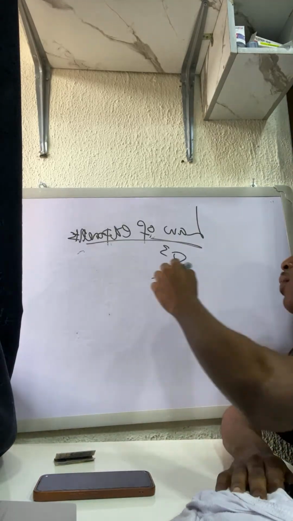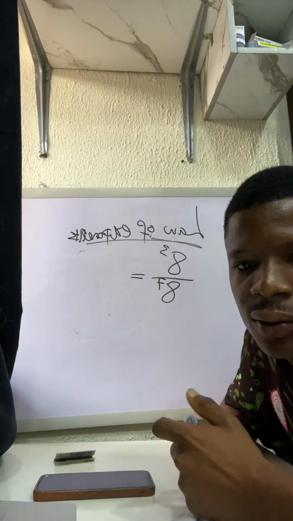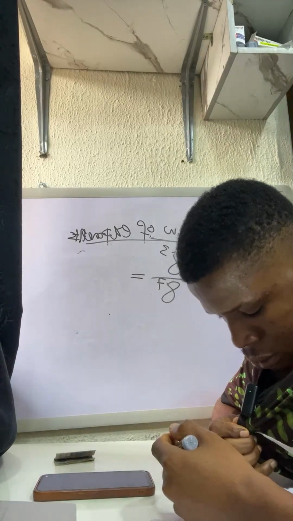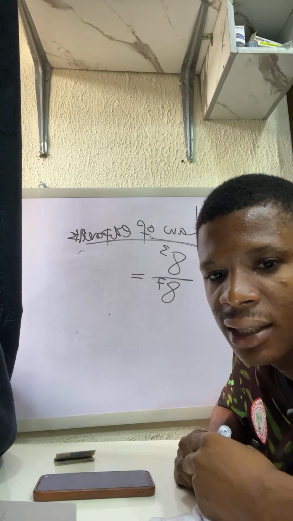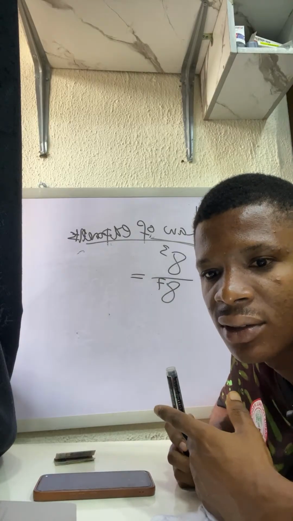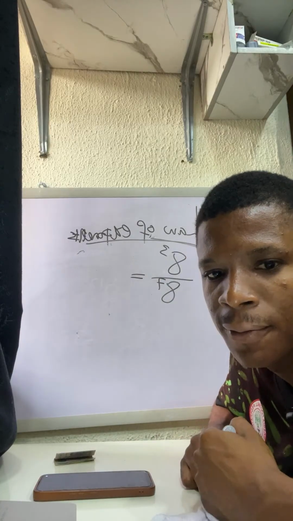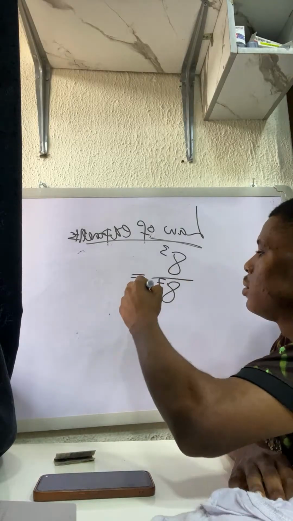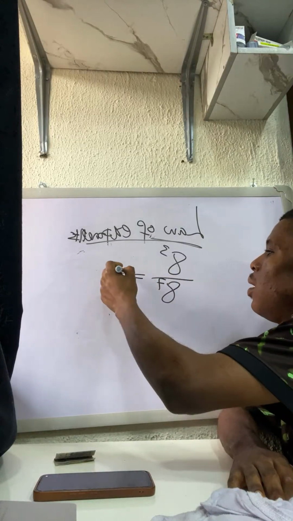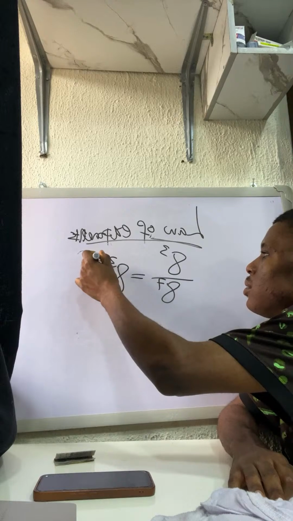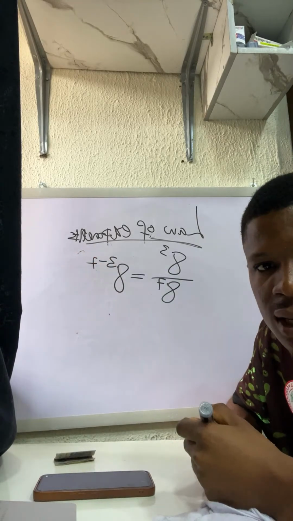This is very simple. What do you observe when you have 8 power 3 divided by 8 power 7? The bases are the same. All you have to do is subtract their powers.